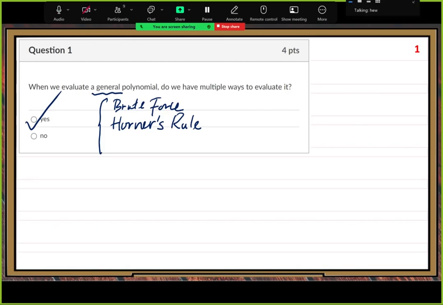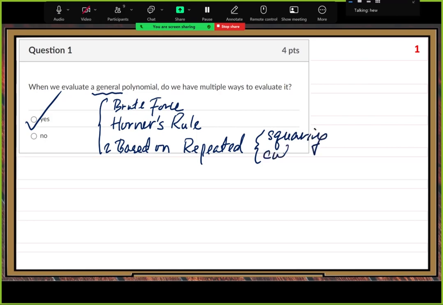All right, there are two methods based on repeated operations: one squaring, another cubing.